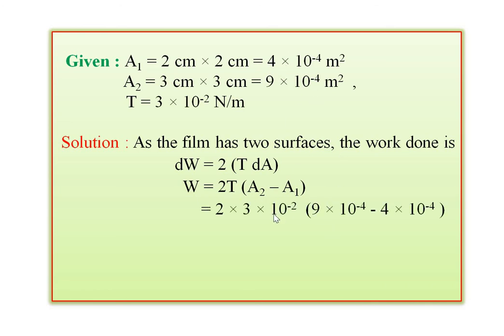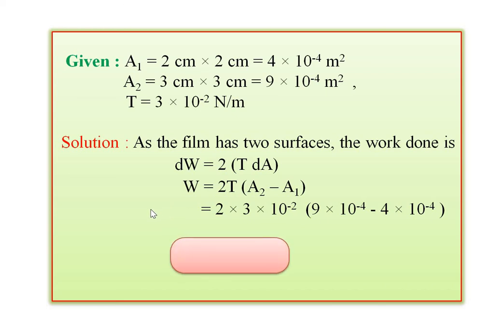Putting these values in the equation, we get W is equal to 2 into T, that means 3 into 10 raised to minus 2, the surface tension, into the bracket A2, that means 9 into 10 raised to minus 4, minus A1 having the value 4 into 10 raised to minus 4. First we solve the bracket, then do the multiplication. So we get the final answer.